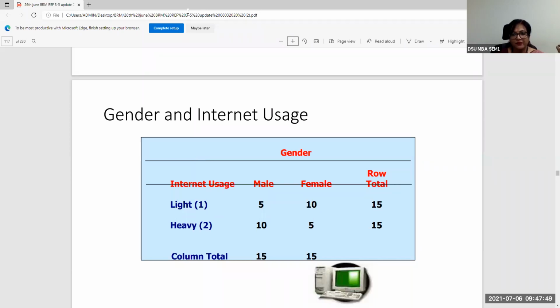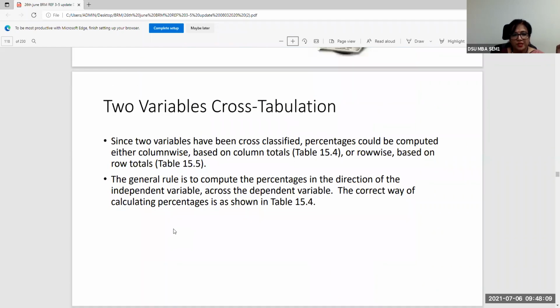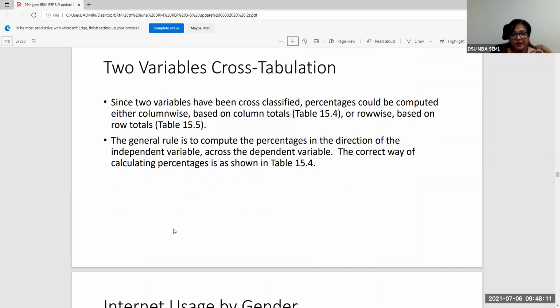So you can combine any of the two variables to find out the cross tabulation if it makes any kind of sense. So what is the sense possibly coming out of this table? Perhaps the researcher wants to find out if there is any difference in internet usage among men and women, boys and girls. All right. So you could be using two variables in cross tabulation based on some kind of meaningfulness.